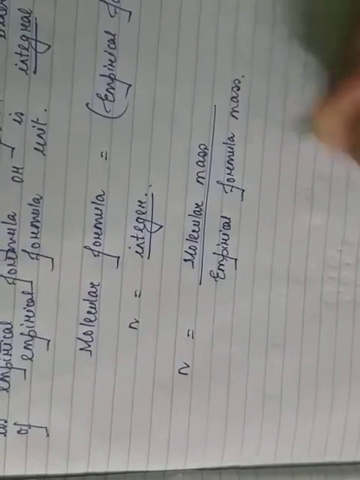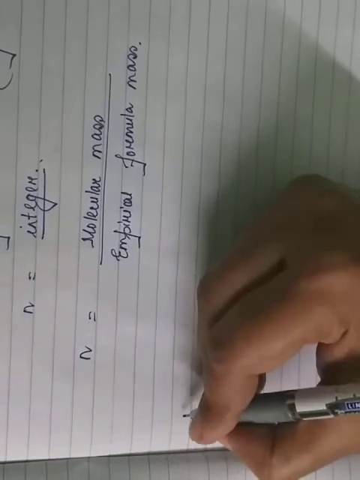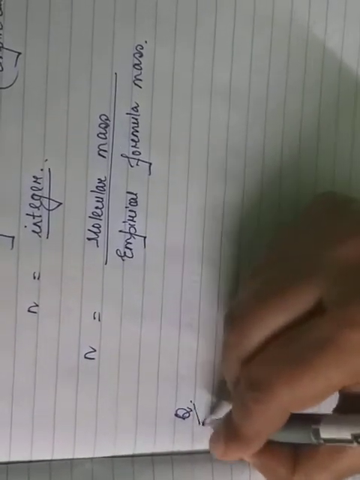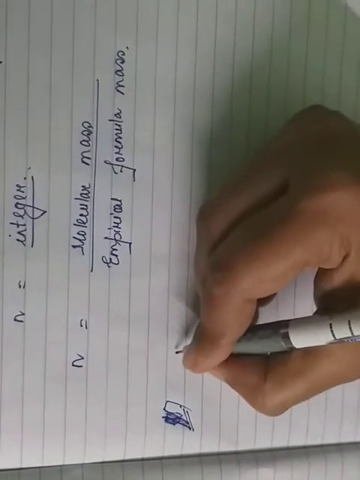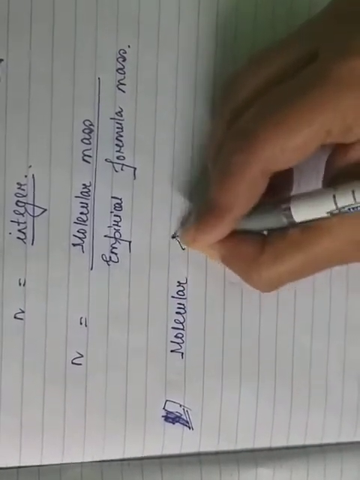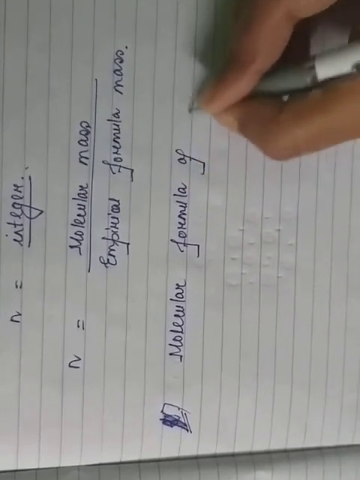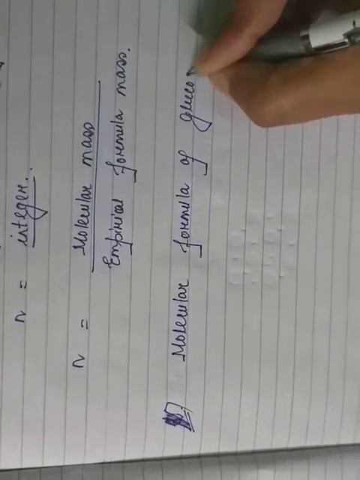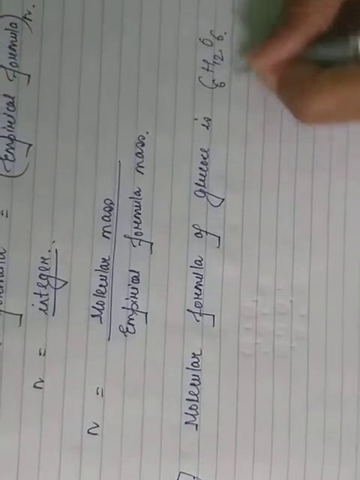I am showing one example, just an illustration, after that I will solve a question. The molecular formula of glucose is C6H12O6.